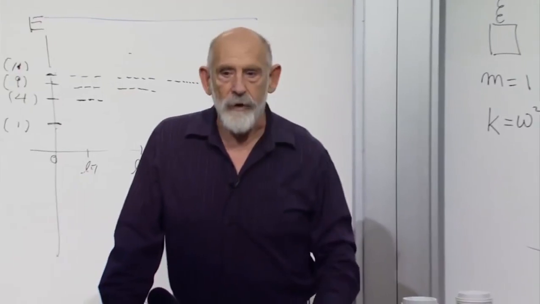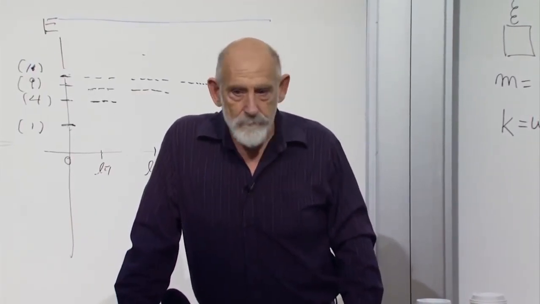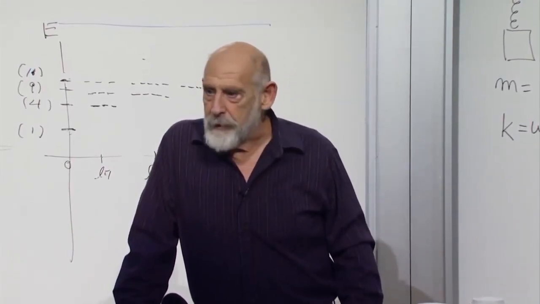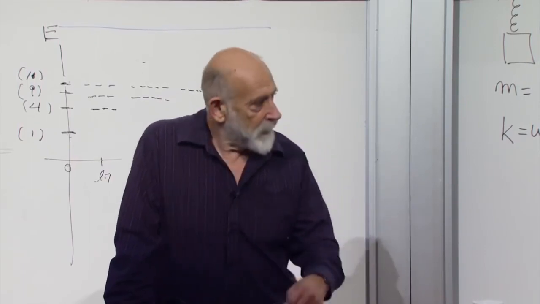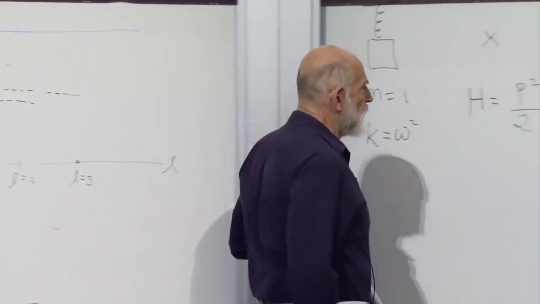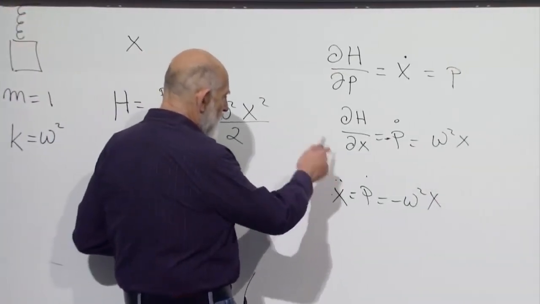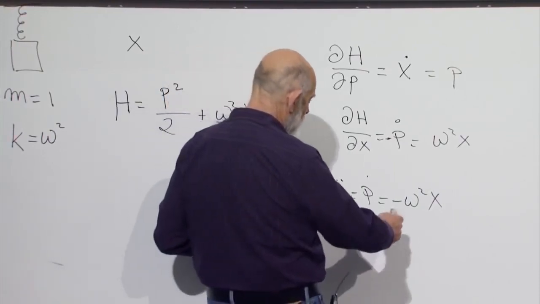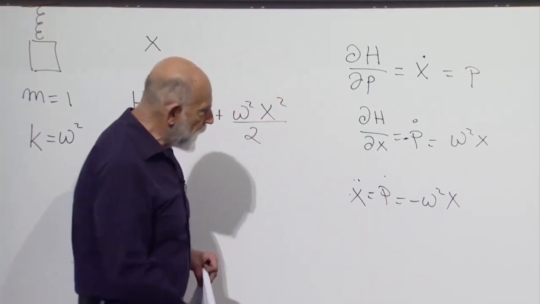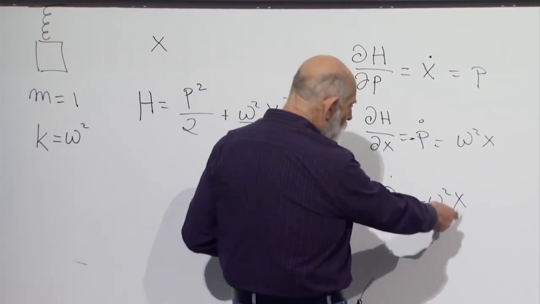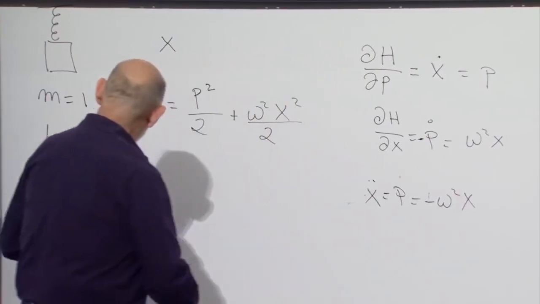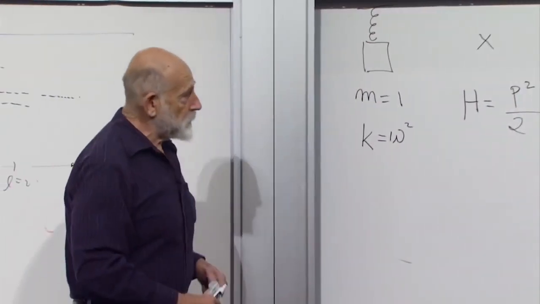That's the equation of an oscillator with frequency omega. Everybody recognize it? x double dot is minus omega squared x. Acceleration, m was set equal to 1. Acceleration is equal to restoring force with, as I said, k equal to omega squared.